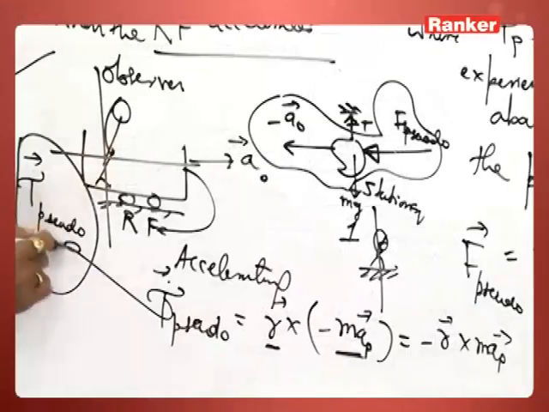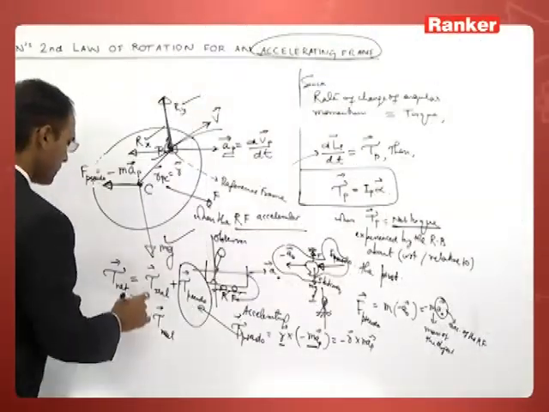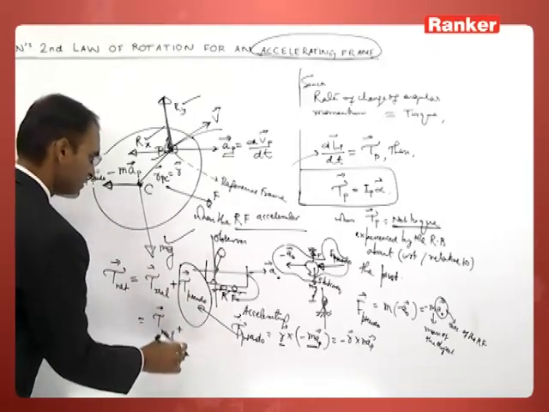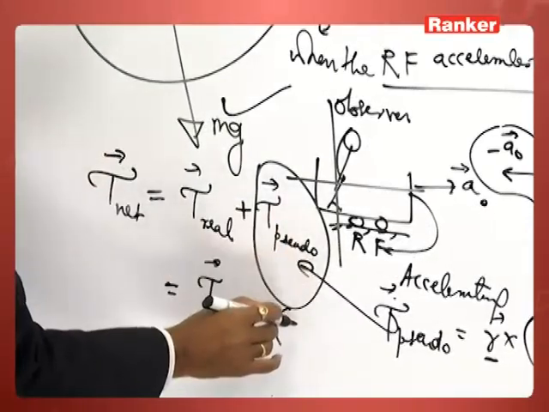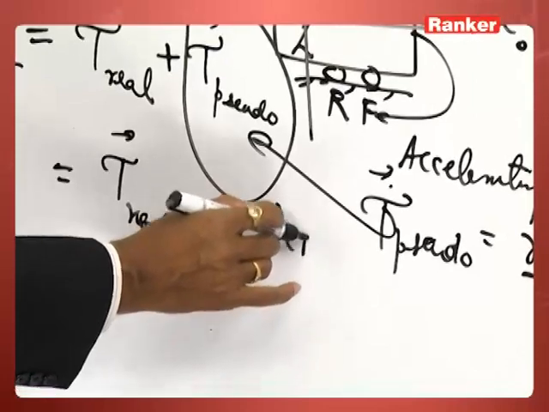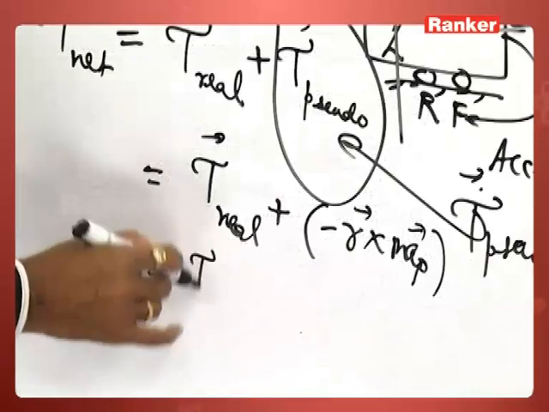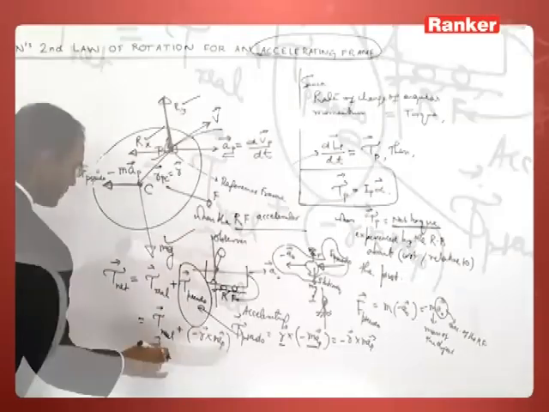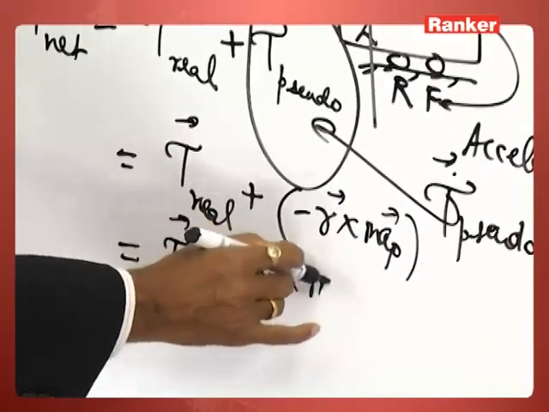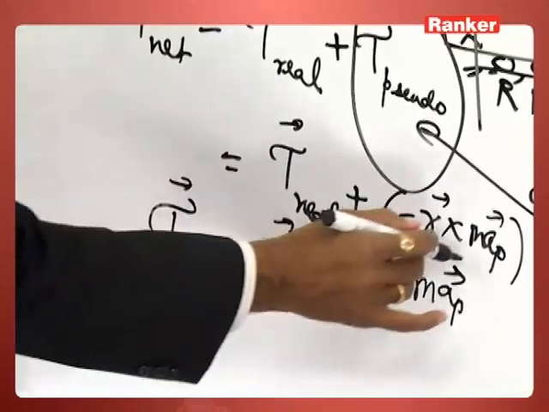So you have to add it here. The real torque, that means the torque due to the external real forces, plus the pseudo torque, that is minus R vector cross MAP vector, or you can just write real torque minus R cross MAP, that is the net torque.